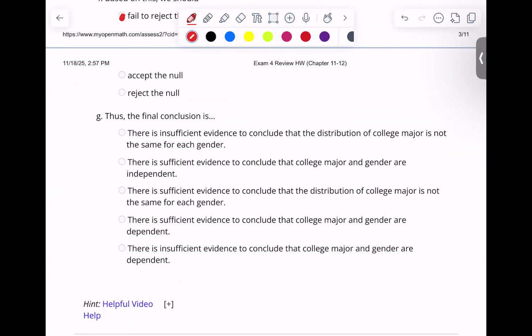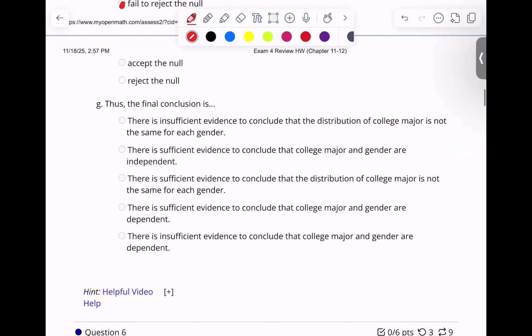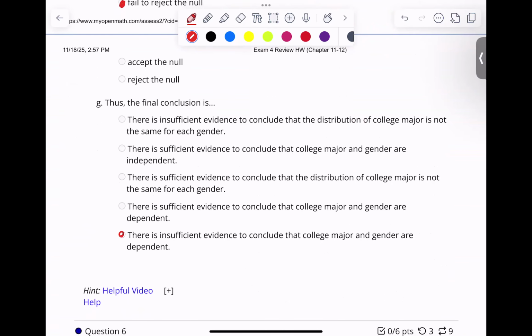There's insufficient evidence to conclude that college major and gender are dependent. So we don't reject the null. So there's not sufficient data to support the fact that these two things are dependent on each other. Insufficient evidence to conclude that college major and gender are dependent.